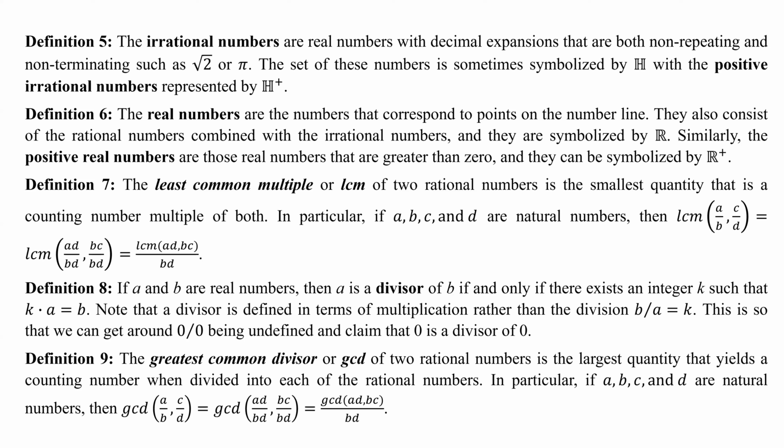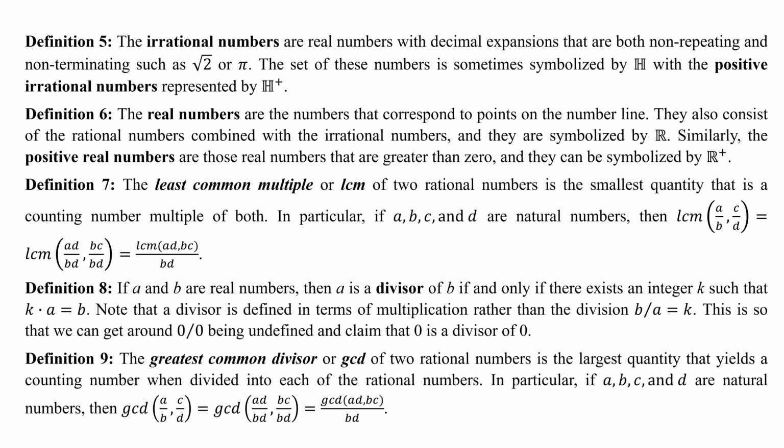But in our work with harmonics, we're going to sometimes have to find the least common multiple of fractions. And the way we do it is we rewrite those fractions with a common denominator, and then we find the least common multiple of the numerators of those fractions, and we put the common denominator down below.